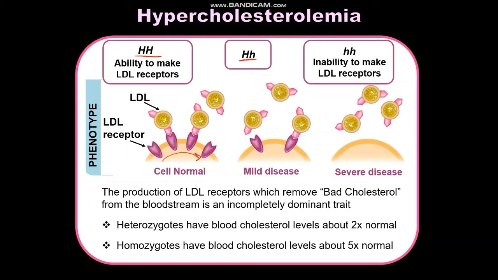The heterozygous individual makes some of these receptors, and the homozygous recessive individual makes none of these receptors. So you have 3 different phenotypes depending on what genotype you have. That's incomplete dominance. The heterozygote condition is halfway in between the other 2 extremes.